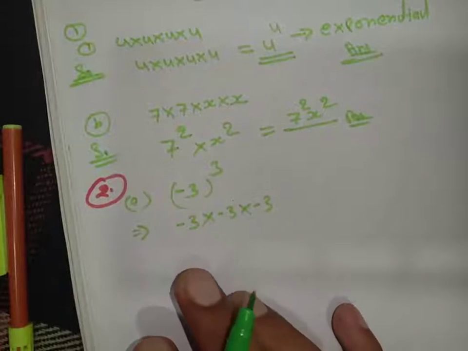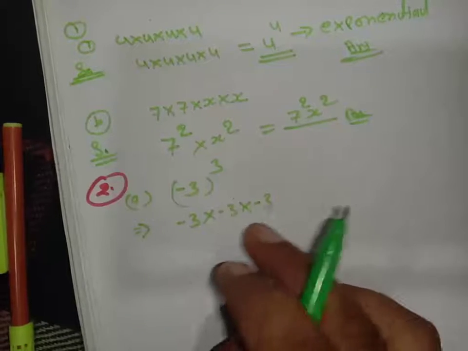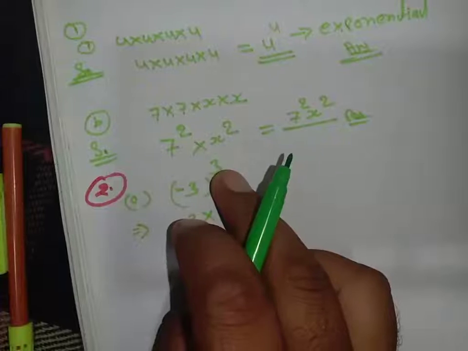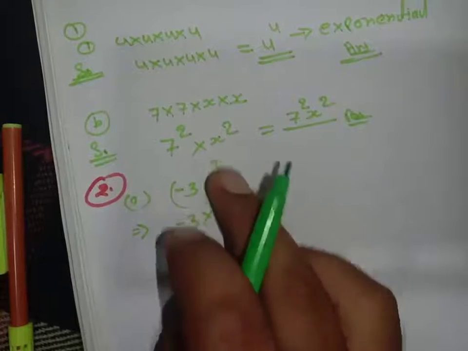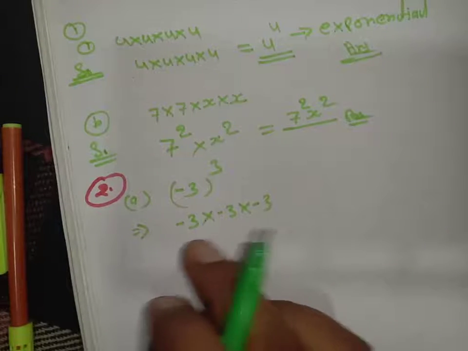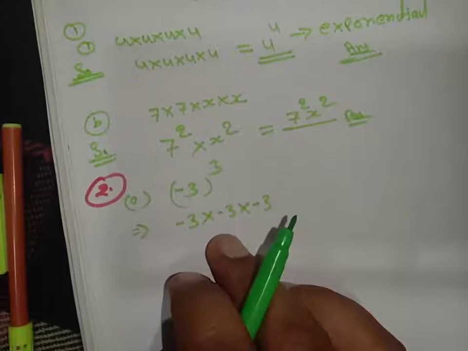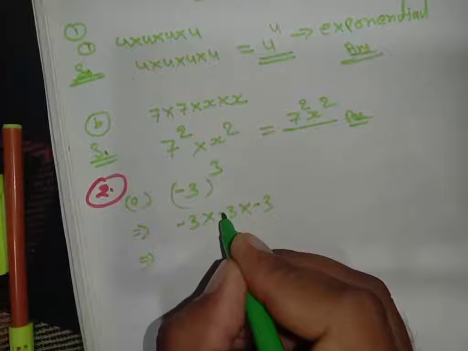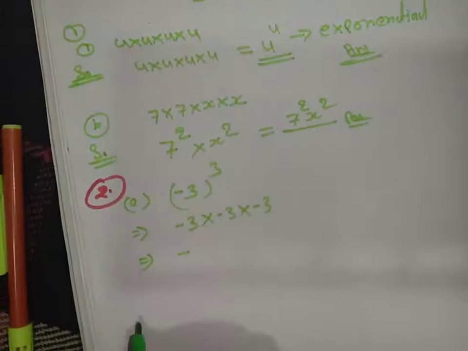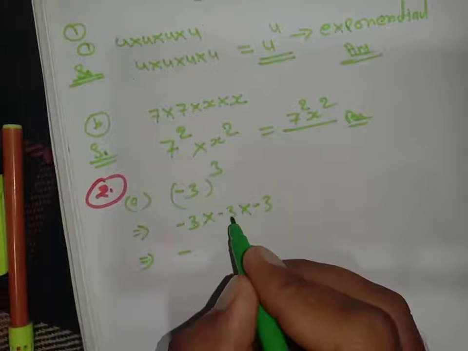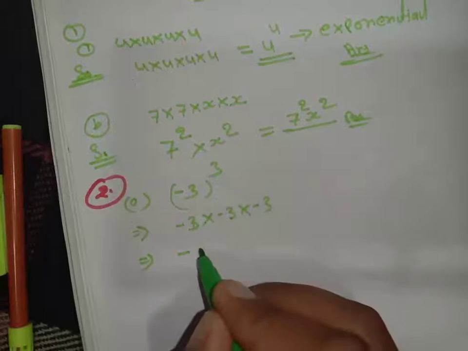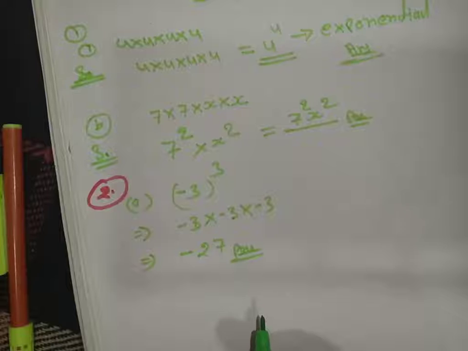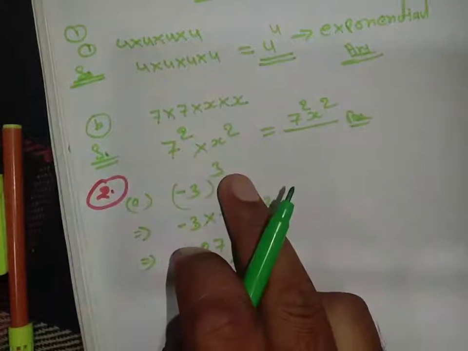Why do we write minus 3 three times? Because it is minus 3 to the power 3. Minus into minus is plus, and plus into minus is minus. 3 3s are 9 and 3 9s are 27. This is the answer of minus 3 whole to the power 3.